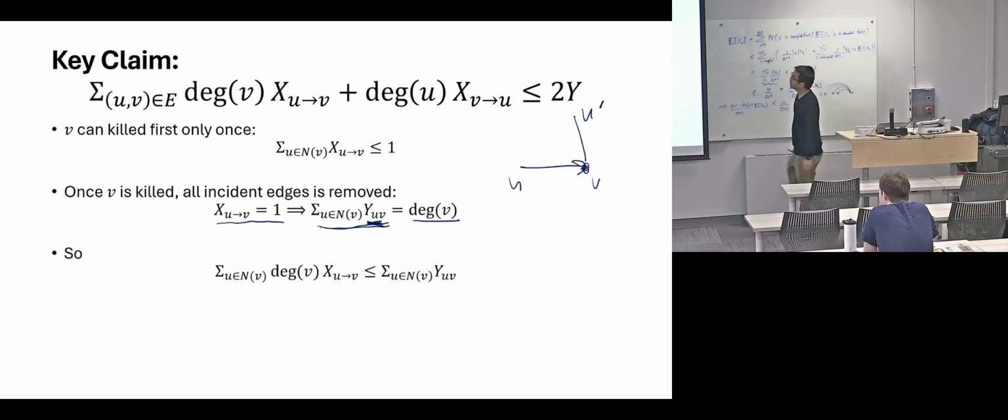So just by here, we have this. Right? That is, this sum is at most 1. It can be 0 or 1. If the sum here is 0, then the inequality is trivial. If the sum of xuv is 1, then this thing is going to be at least the degree of v. So it's safe for me to multiply by the degree of v here.